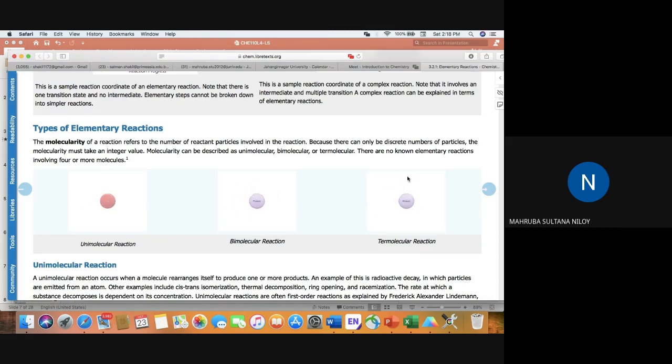Say if there are like 5 reactants, then each of these reactants must combine together to form a product. So the chances of collision decrease. Sir, why do the chances of collision decrease? Because their number is increasing, right? So putting everything together is decreasing. Is it clear?